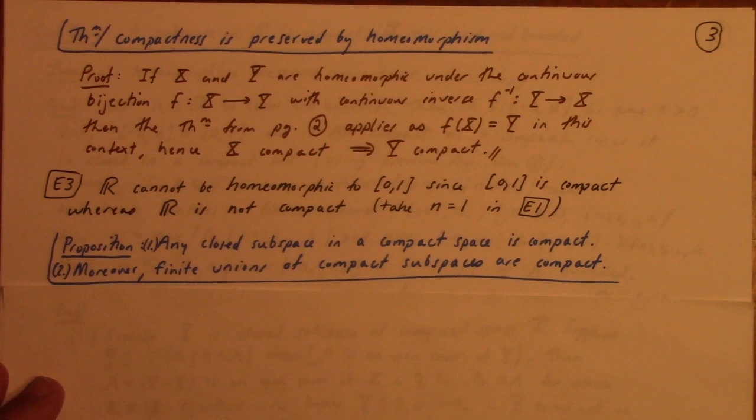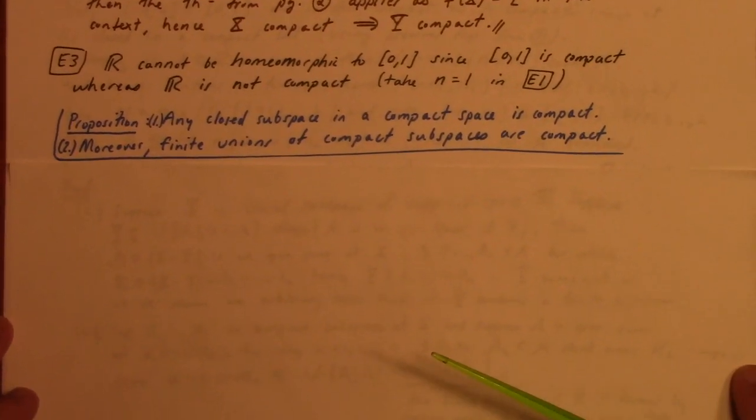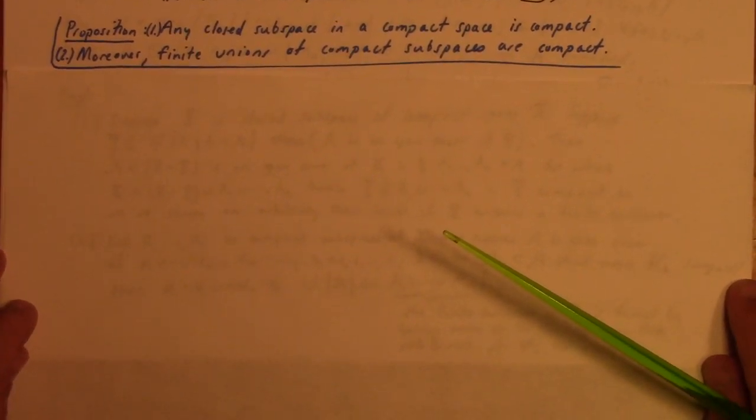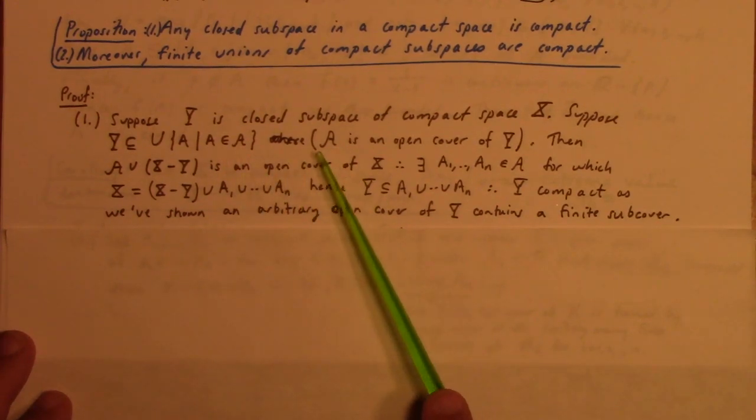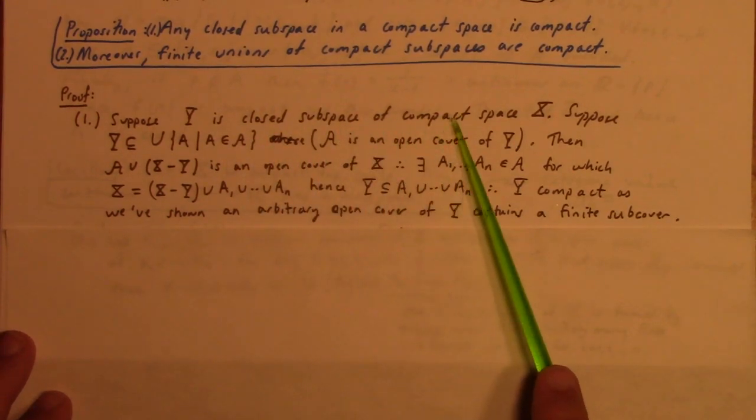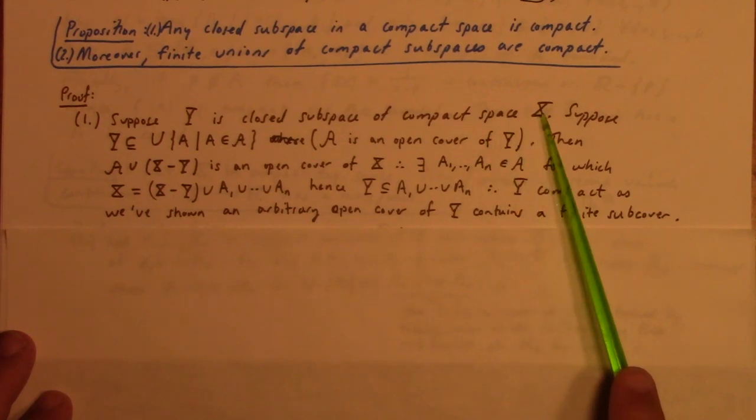Proposition. Number 1: any closed subspace of a compact space is compact. Number 2: moreover, finite unions of compact subspaces are compact. Ooh. All right, let's get to it. How's that go? Well, number 1, suppose Y is a closed subspace of a compact space X. We seek to show it is compact, yes?